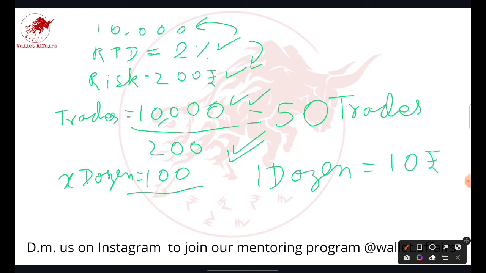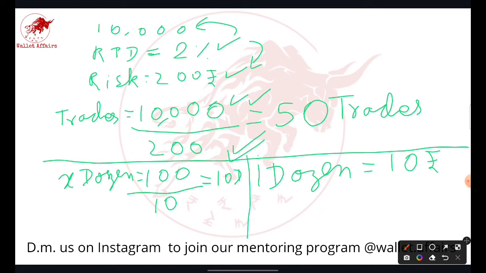Alright, so how many dozen of bananas can be bought from 100 rupees? How many dozen of bananas can be bought from 100 rupees where the cost of 1 dozen is 10 rupees? So you can just divide it by 10, right, and you will get the answer as 10 dozen. So you can buy 10 dozen of bananas from 100 rupees of capital where the cost of 1 dozen is 10 rupees, right?